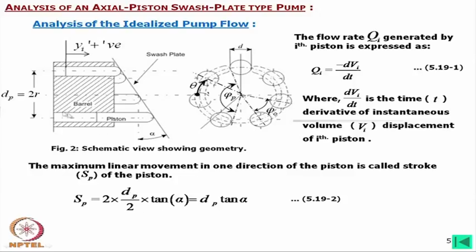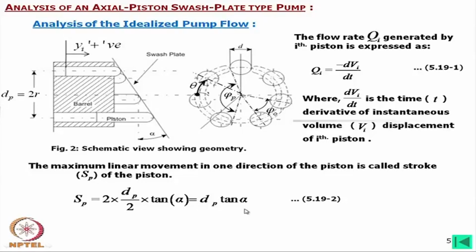So, dP by 2, that is R, into tan alpha is the stroke at one side, and the other side also another dP by 2 into tan alpha. So, we can simply write 2 into dP by 2 into tan alpha is equal to dP tan alpha.